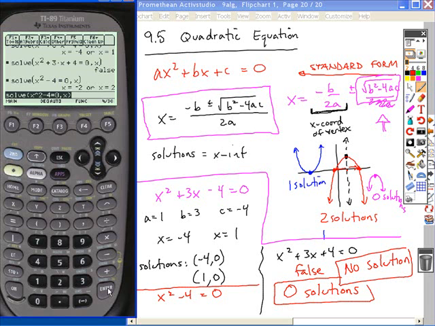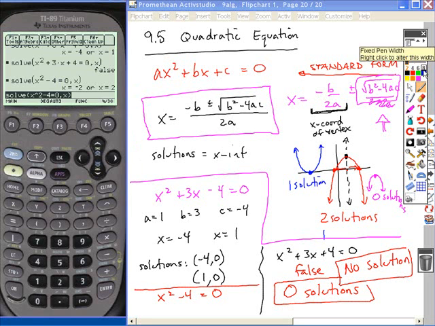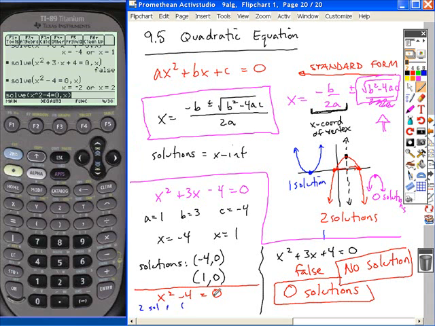How many solutions does this have? 2 solutions. And those solutions would be what set of coordinates? So negative 2, 0, and 2, 0. And so those would be your 2 solutions.